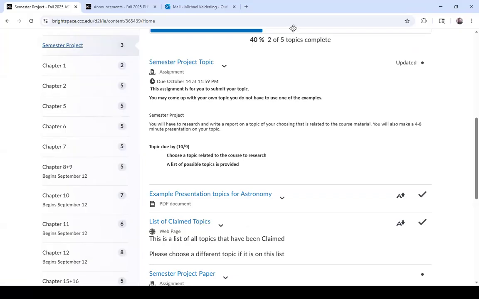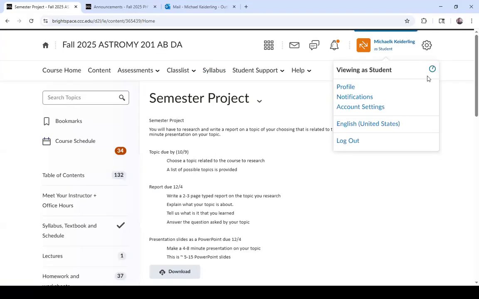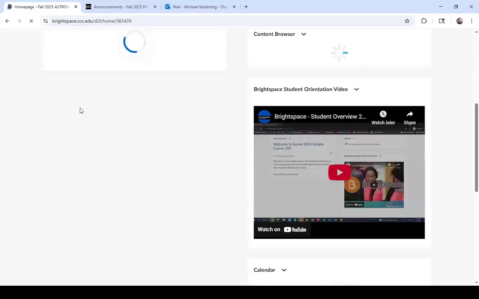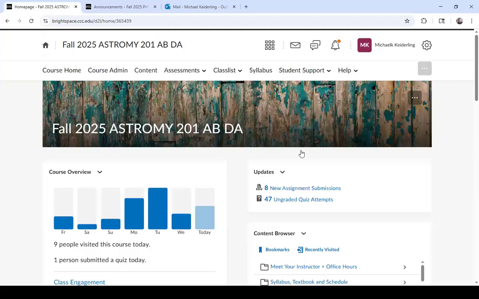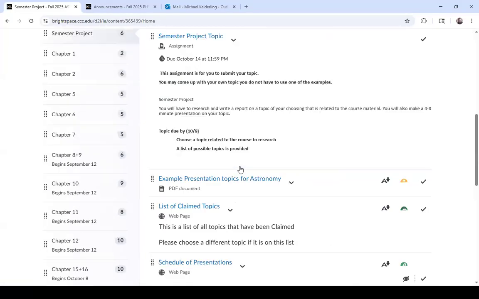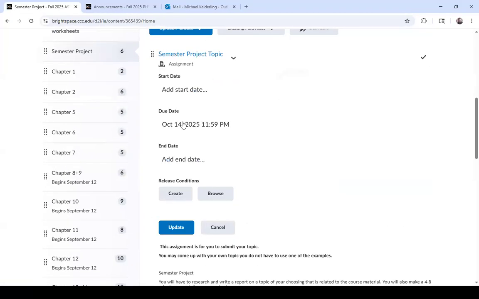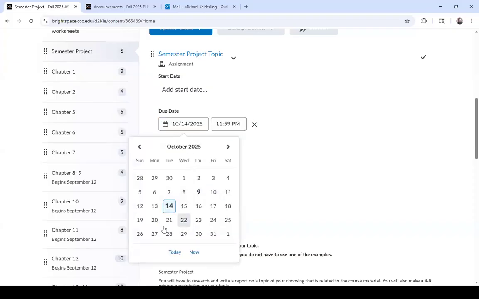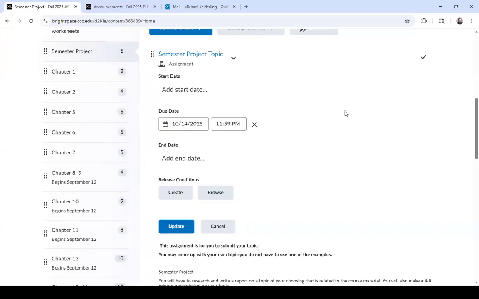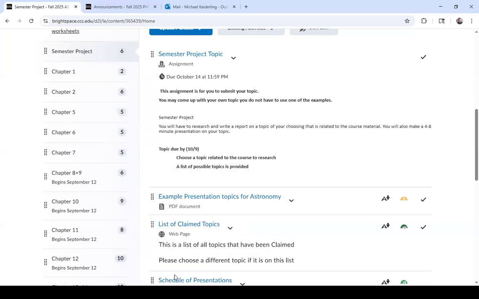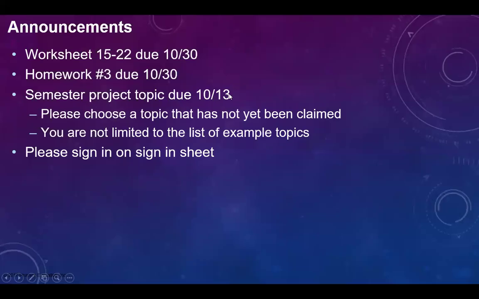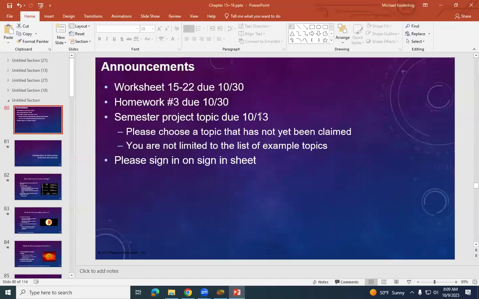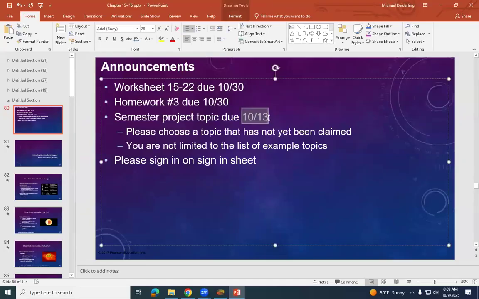Let me just check that I didn't mess that up. Okay, so I just screwed up on here because I cannot remember numbers properly. It's due the 14th, not the 13th. That was a typo on my part.